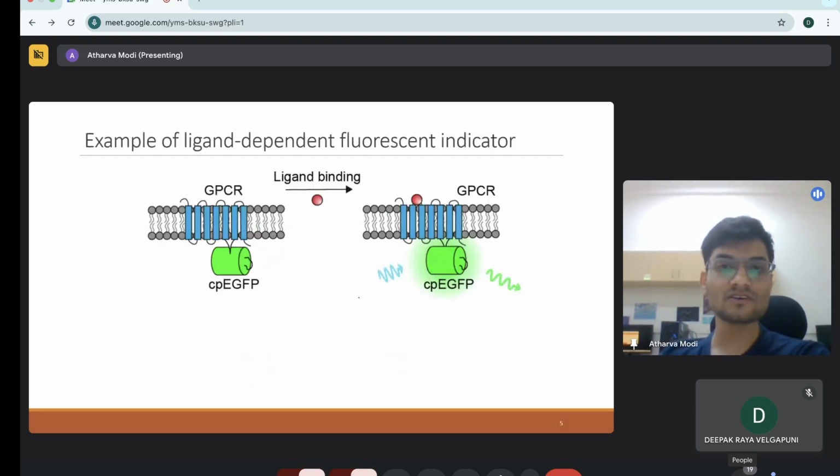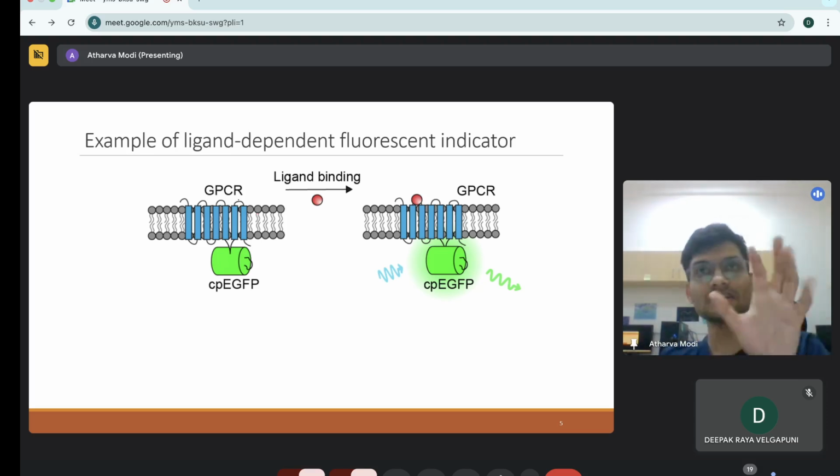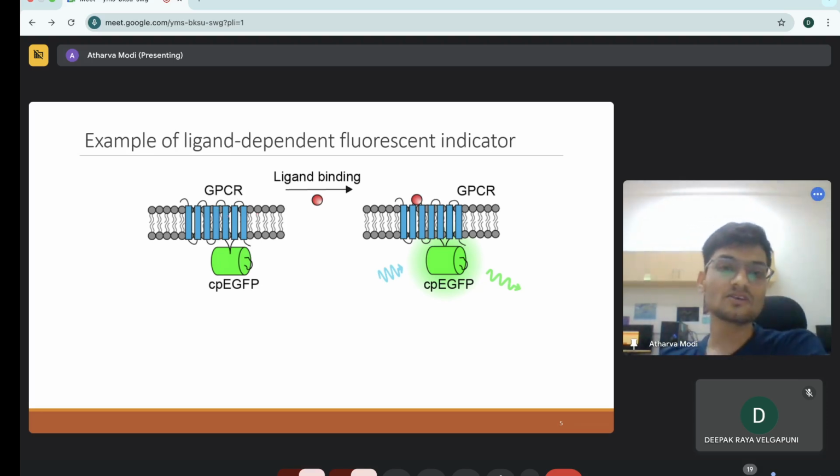So one example of this ligand-dependent fluorescence sensor looks like this. This is a membrane, and this is a G protein coupled receptor. You don't need to know what it is to understand this. This is a receptor which binds to some ligand.